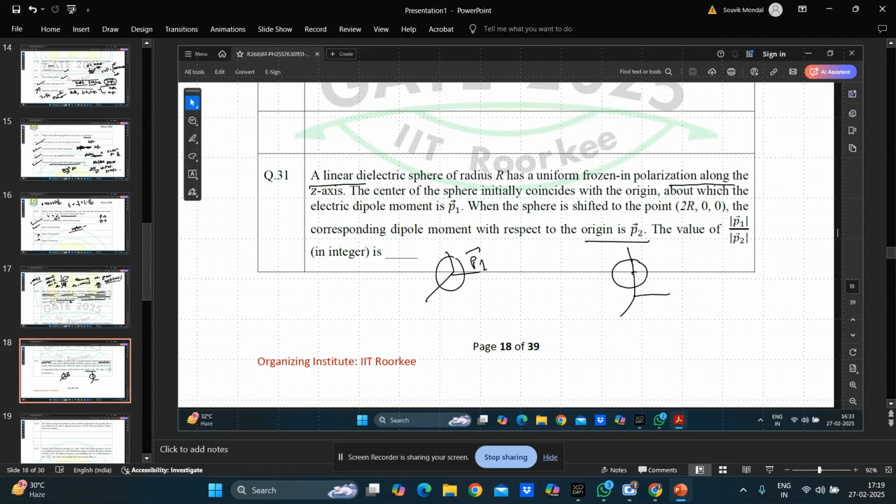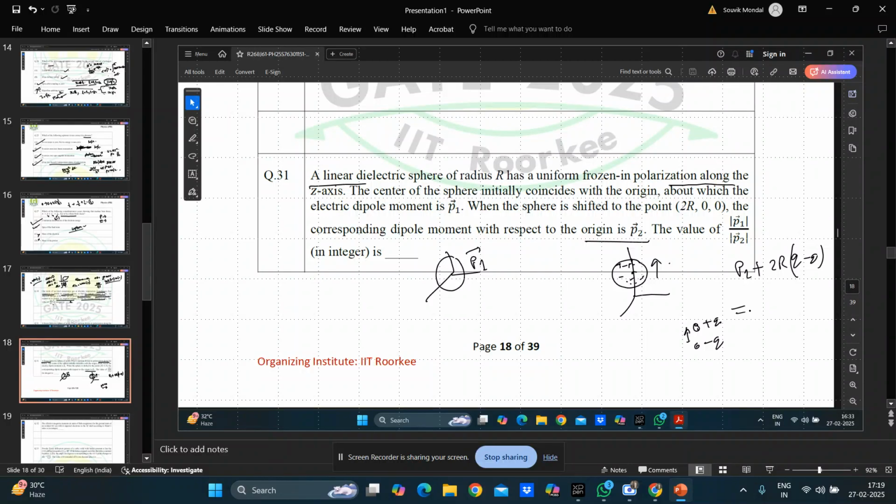Okay. So now with respect to origin, this whole configuration has this intrinsic dipole moment plus some 2R into, let's say, now this is a sphere of course, and the dipole moment is pointing along this direction. That means it is minus charges here and plus charges here. If you assume two big balls of charges, plus Q and minus Q, with infinitesimally small separation, the dipole moment is 2R into plus Q minus Q. So the shifting of origin in the z direction will not affect anything at all.